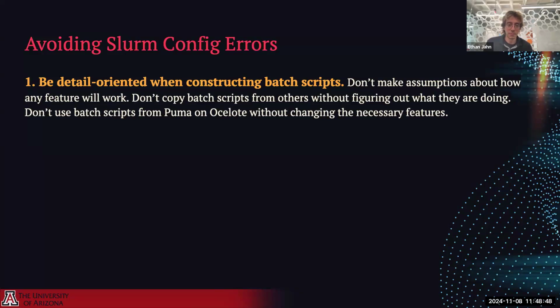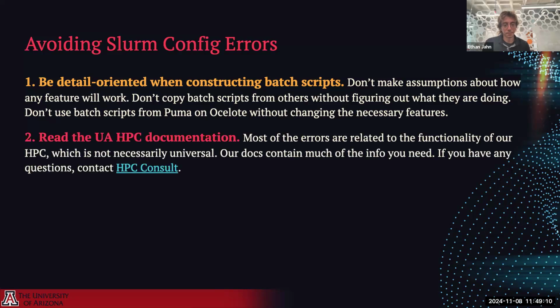Sometimes they are self-explanatory, sometimes they work a little bit differently than you might expect. Don't copy batch scripts from other people without figuring out what they're doing. Don't use batch scripts from Puma on Ocelote without changing the necessary features. All sorts of stuff like this. It's just important to be attentive and detail-oriented when you are working with your batch scripts.